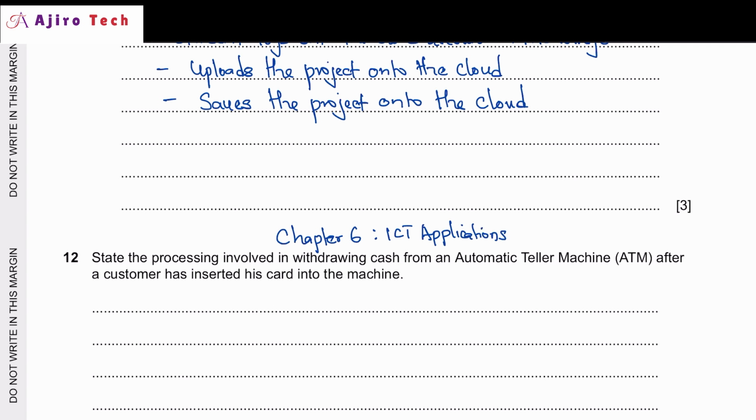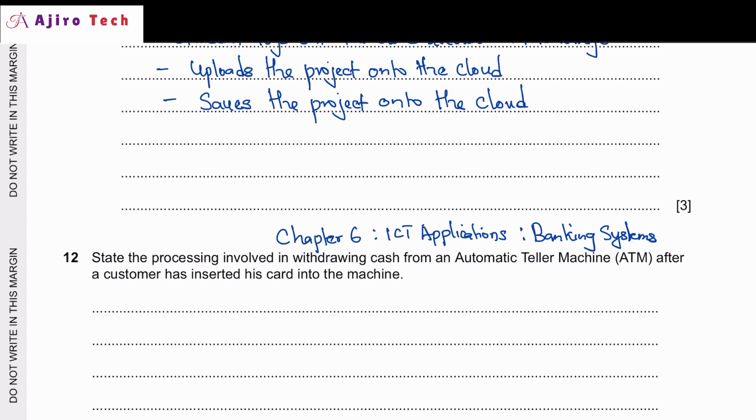Now, this is seen as the banking system. Why? Because in the banking system, we have various ways to do that. Under the banking system, we have EFT, we have the ATM, which is the automatic teller machine.